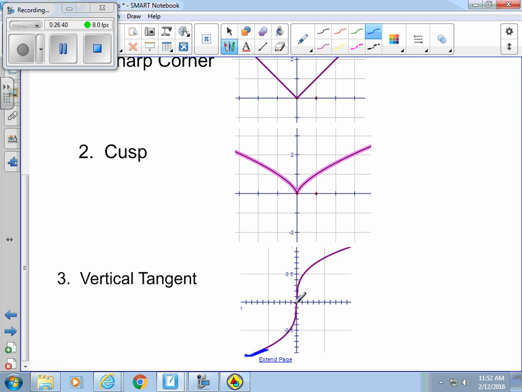As I approach 0, what happens to the tangent line? It goes straight up. What's the slope of a vertical line? Undefined. Well, if this slope is the derivative, then at 0 right there, the derivative would be undefined or not exist because we have a vertical tangent line. Which makes sense because we know slopes of vertical lines don't exist. So the third place is at a vertical tangent.